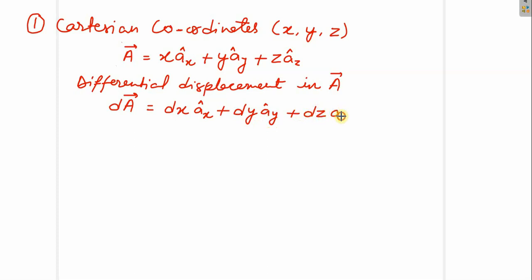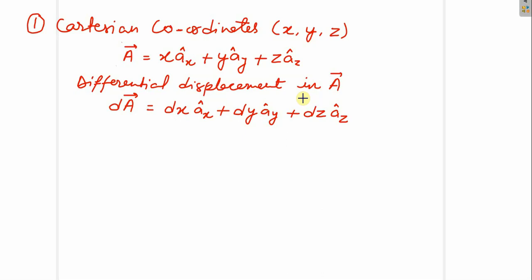In this way we can represent the differential displacement in A. Now we have to see the corresponding differential elements in area and volume as well.